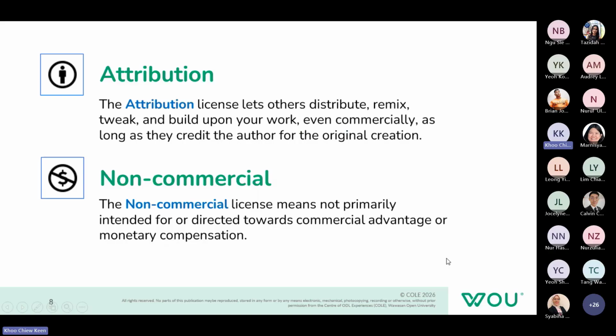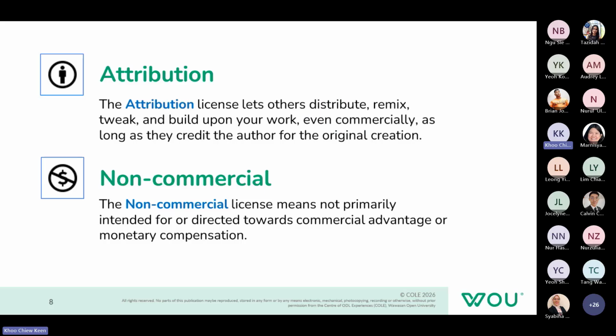So we go through each of the attributes, the 4 attributes that I mentioned earlier. Attribution basically gives the license to others to distribute, remix, tweak, or build on the author's original work. So attribution requires you to credit the original author of the content.